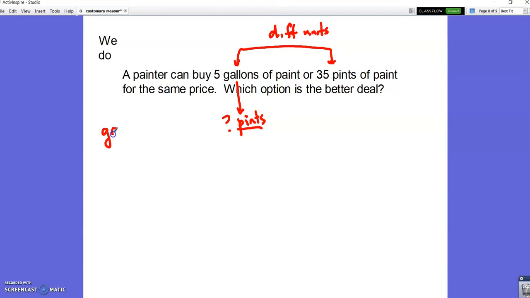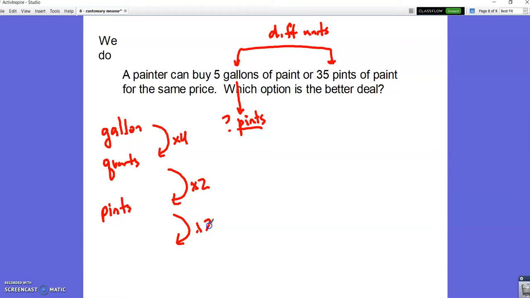So my measurements: King Gallon had appointed 4 queens, quarts. Each queen had 2 prince and princesses, pints. And that should be all I need. I don't need cups. You can put it if you want. Each prince and princess had 2 cats, cups, but I won't be using that because I just need to know pints.